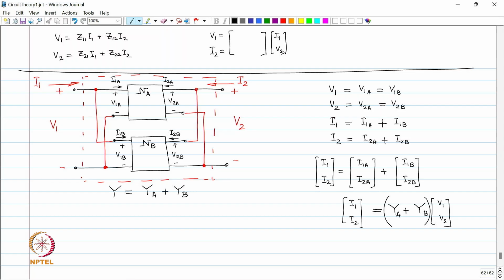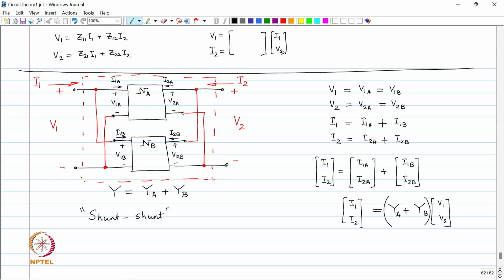So, the two port 1s are in shunt with each other, the two port 2s are also in shunt with each other, right. So, this kind of hooking up, the name of this game is called shunt shunt, all right, shunt in port 1, shunt in port 2.